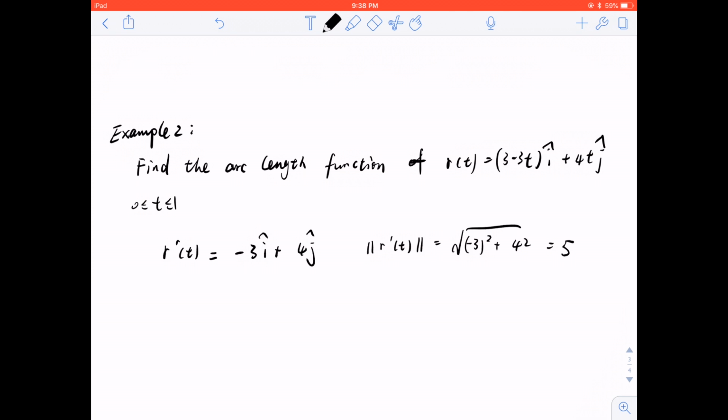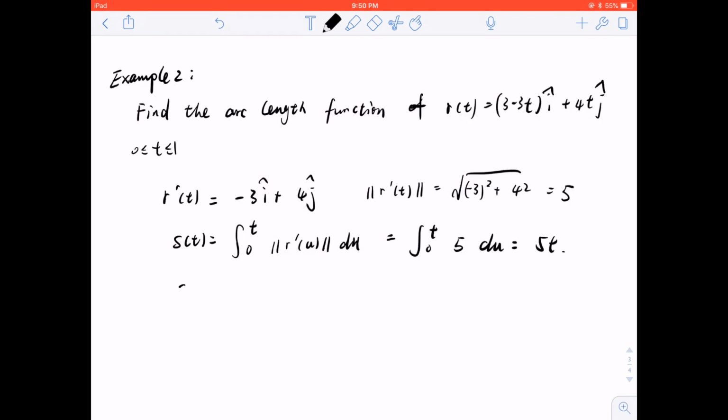Then s(t) equals the integral from 0 to t of the magnitude of the derivative of r(u) du. Basically, you get the integral from 0 to t of 5 du, and that is just 5t. So now you have s(t) equals 5t.